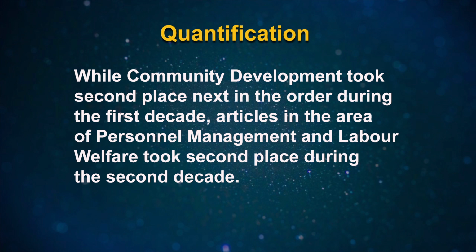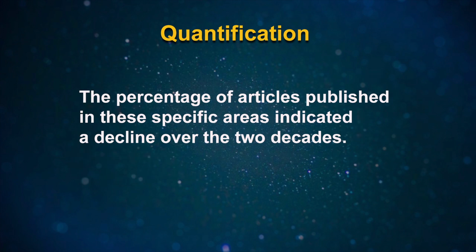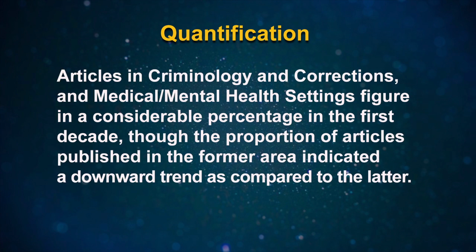Articles in the area of personnel management and labor welfare took second place during the second decade. However, the percentage of articles published in these specific areas indicated a decline over the two decades. Articles in criminology and corrections and medical and mental health settings figure in a considerable percentage in the first decade, though the proportion of the articles published in the former area indicated a downward trend as compared to the latter.